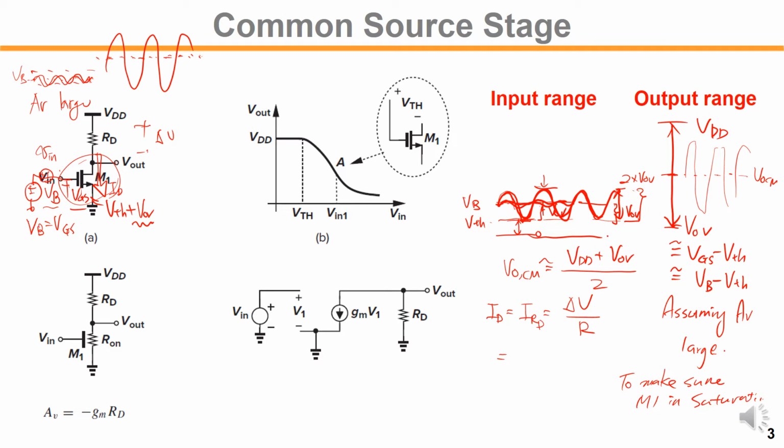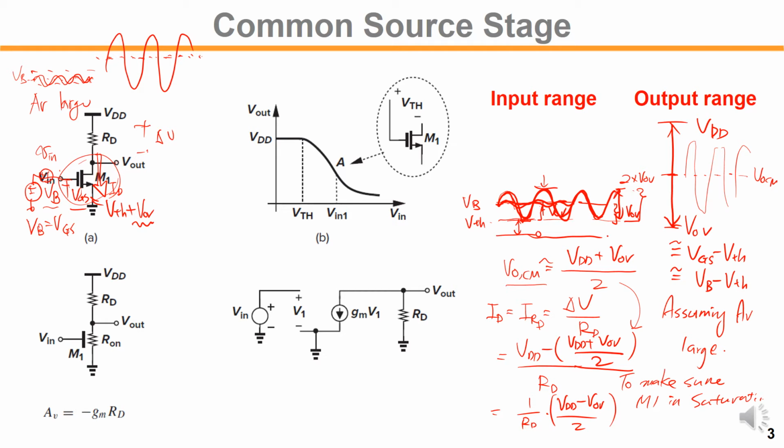It is VDD minus the common mode, which is half of VDD plus V overdrive, right? That leads us to 1 over RD times half of the VDD minus V overdrive, right?